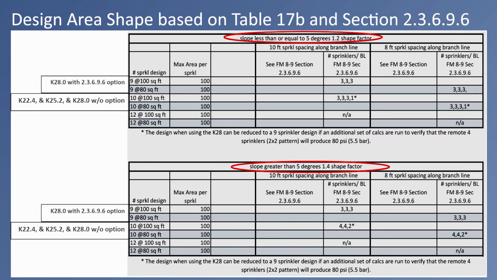Table 4 is showing you what example he's going to use when you're looking at a 9 sprinkler criteria for the K28, for ceilings up to 50 feet, using the 9 sprinkler option, and everything else is at a 10. For the K25 and the K22, the 10 is going to have a 3331 at best case, or even worst case, a 442, depending on ceiling slope.